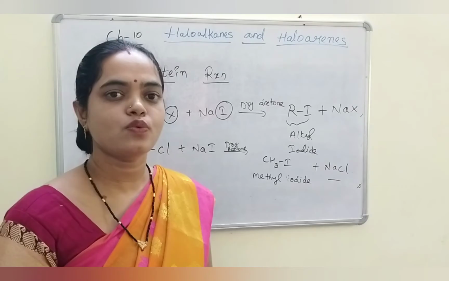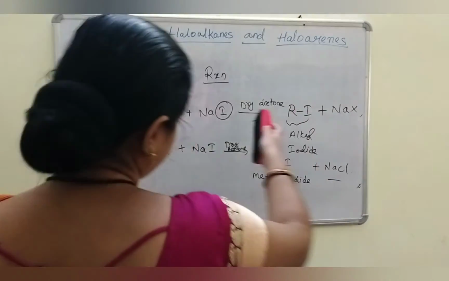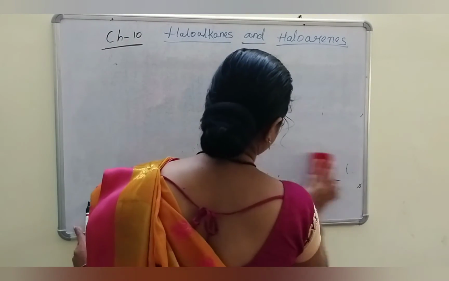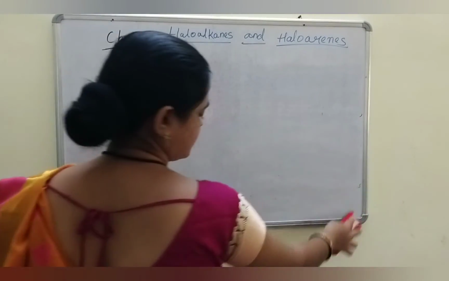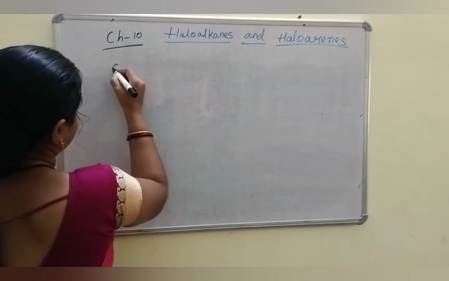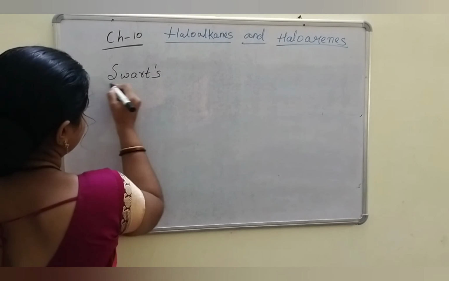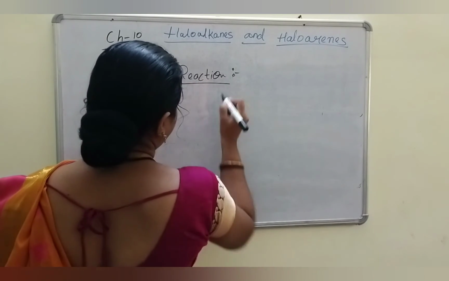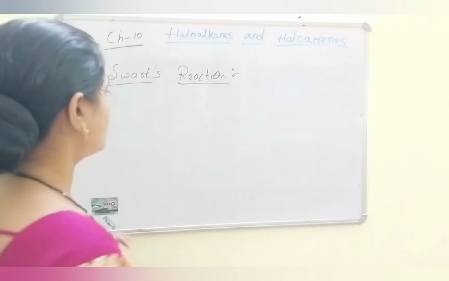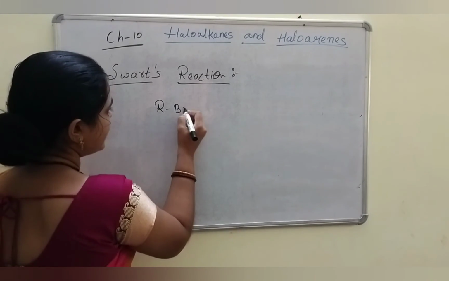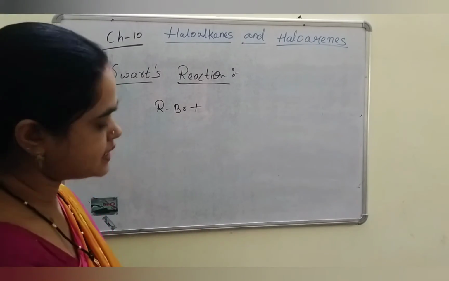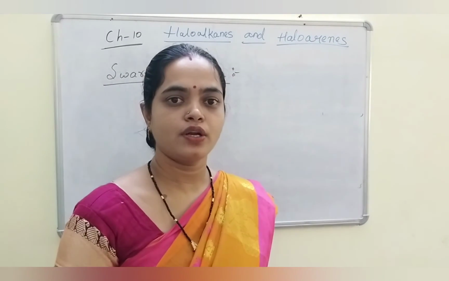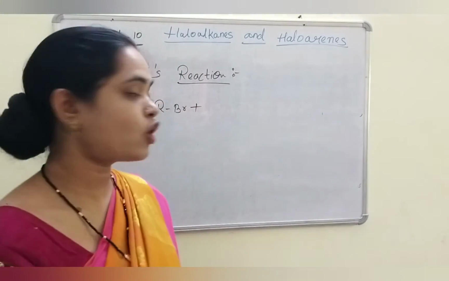And the next reaction is the Schwarz reaction. When alkyl bromide or alkyl chloride is treated with metal fluorides like silver fluoride, mercurous fluoride, or cobalt fluoride, what happens?